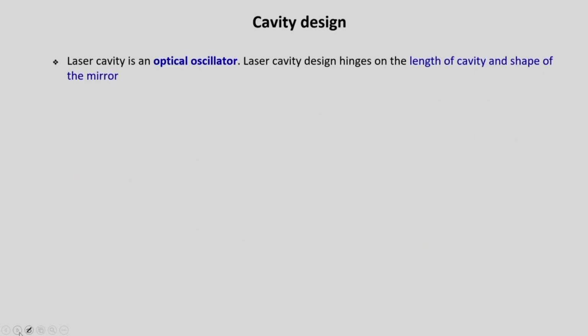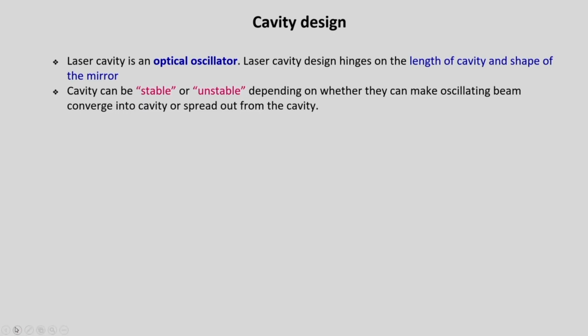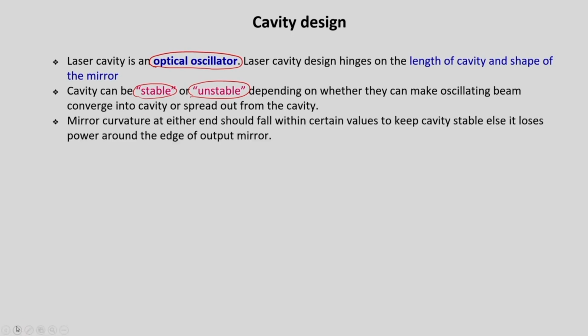Now, some aspects about the cavity or the resonator that we will see here. The laser cavity is an optical oscillator in which the laser beam or the photons are oscillating between the two mirrors. As we have seen, the cavity can be stable or unstable; it all depends upon the convergence or the divergence of the laser beam between the set of mirrors.